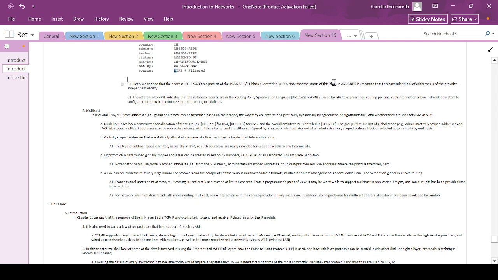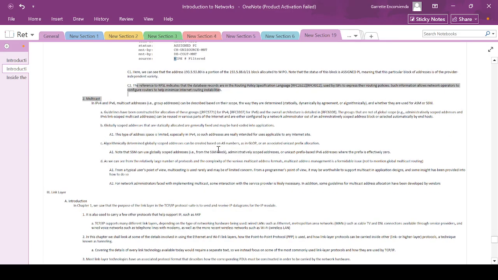Note that the status of this block is ASSIGNED PI, meaning that this particular block of addresses is of the provider independent variety. The reference to RPSL indicates that the database records are in the Routing Policy Specification Language used by ISPs to express their routing policies. Such information allows network operators to configure routers to help minimize internet routing instabilities.